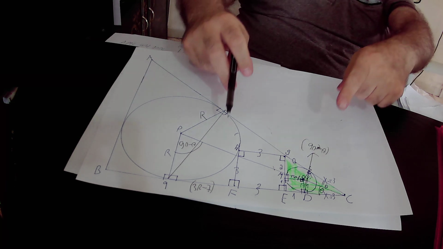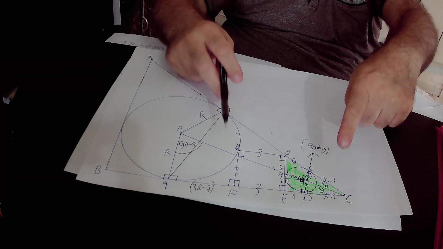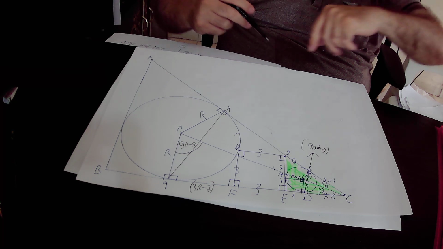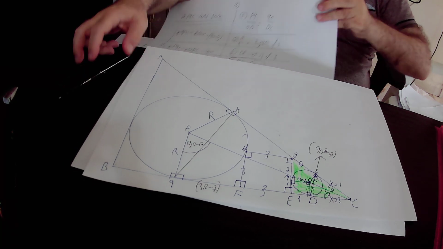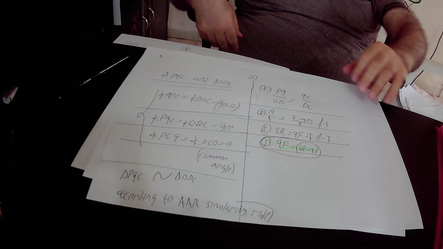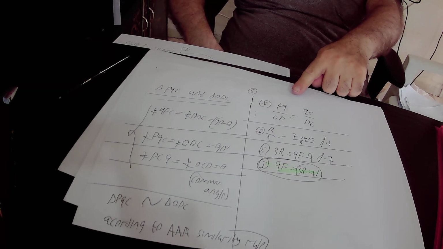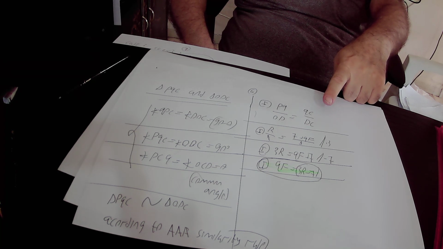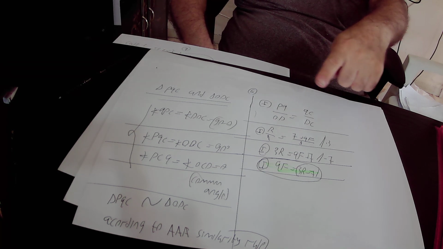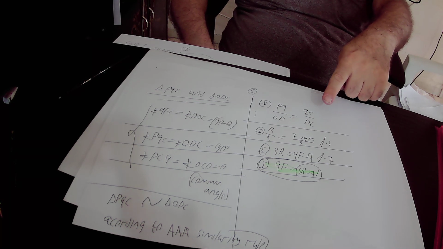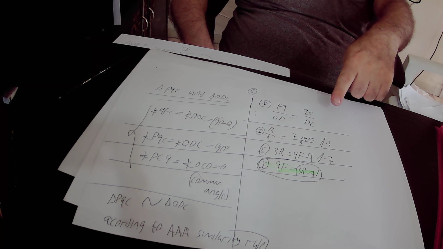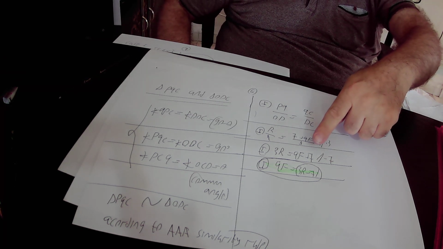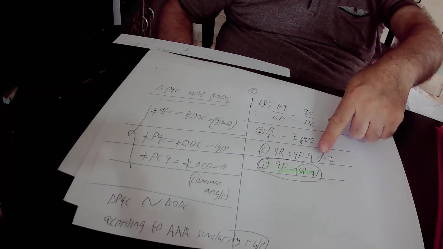We proved that those two triangles are similar according to the angle similarity rule, and we conclude that PQ over OD equals QC over DC. PQ equals R, OD equals 1, QC equals 7 plus QE, DC equals 3. And from this equation we concluded that QE equals 3R minus 7.